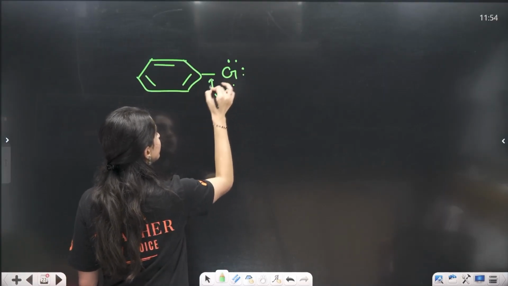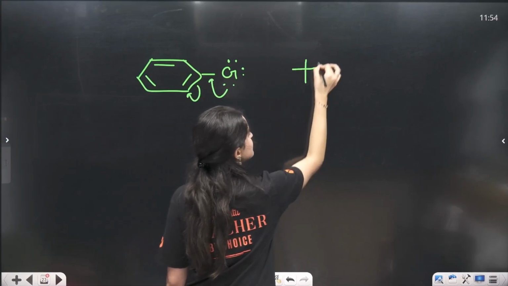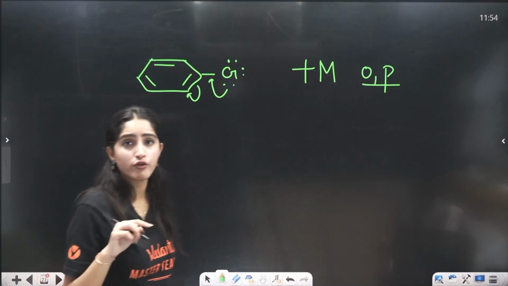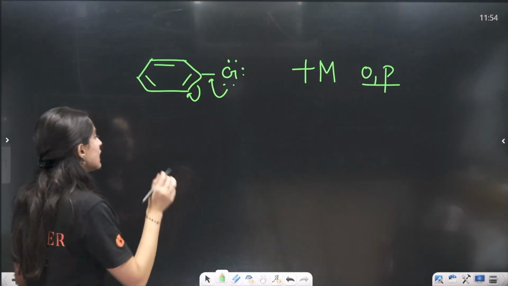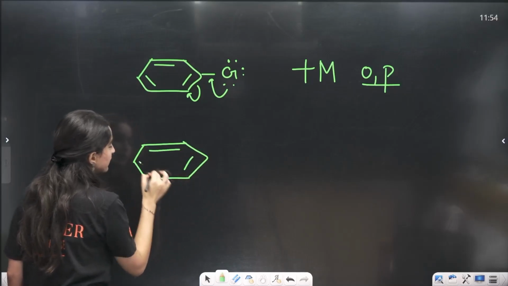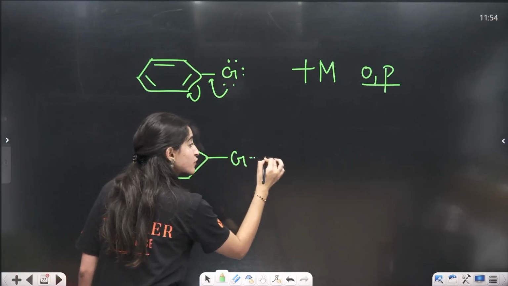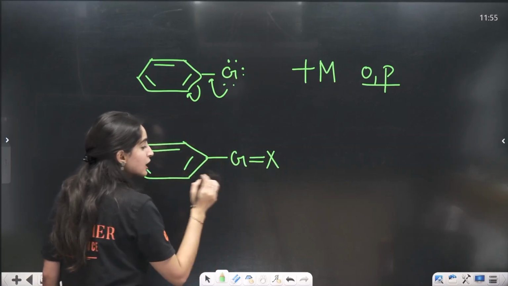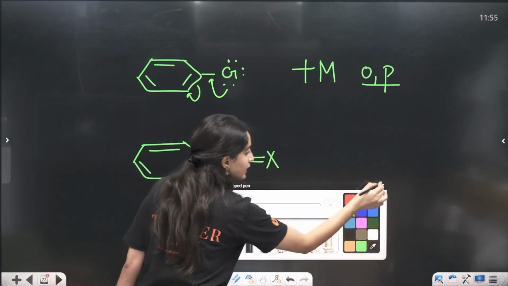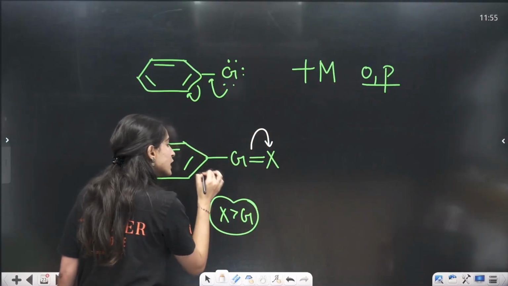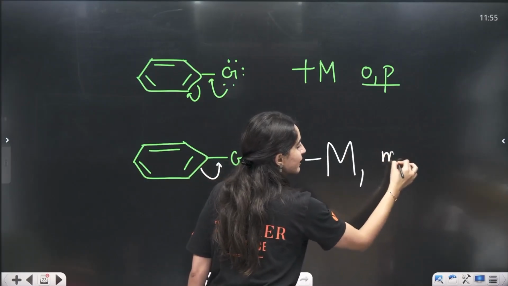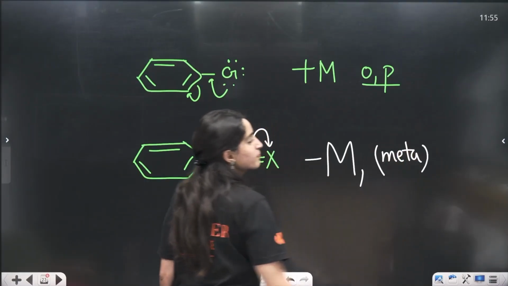It will donate the electron and cause a plus M effect, and plus M is always ortho para directing towards electrophilic substitution reactions. If in that benzene you have the attachment of a group which is further double bonded to X, where X is more electronegative than G, it will take out this pi bond, it will show a minus M effect, and that is meta directing.